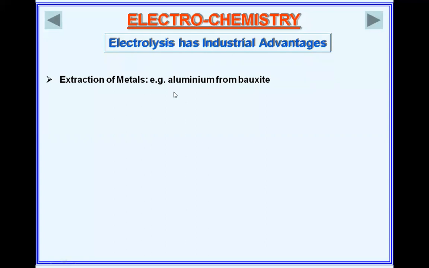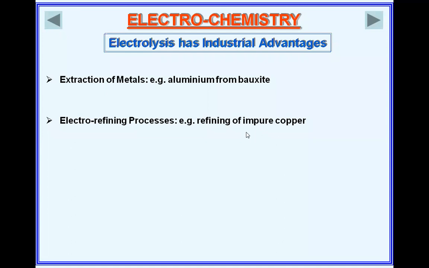Those metals above in the reactivity series, from potassium, sodium, calcium, magnesium, and aluminum, are called highly reactive metals, so they can be reduced from their minerals through electrolysis. Electro-refining, for example refining of impure copper, will be discussed later.